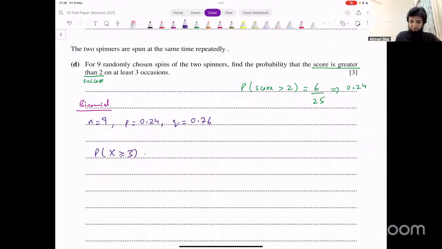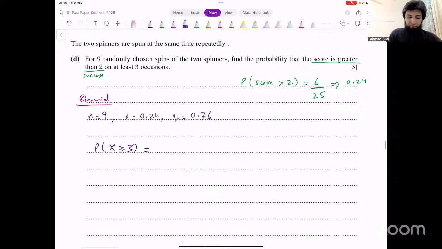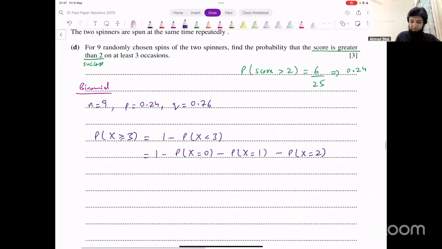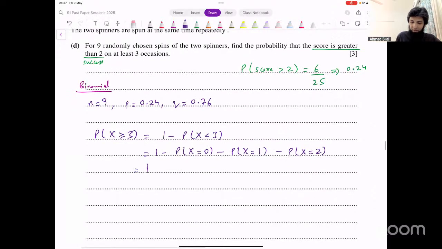How do you find this probability? This is binomial. We don't have a direct inequality formula for binomial. We have to find this individually. 3, 4, 5, 6, 7, 8, 9, that's a lot of cases. We can reverse this. We can say that's the same thing as saying 1 minus probability of x less than 3. So 1 minus probability of x equals 0, x equals 1, and x equals 2. So we remove these cases from the total probability. What's the formula? nCr, p raised to power r, q raised to power n minus r.